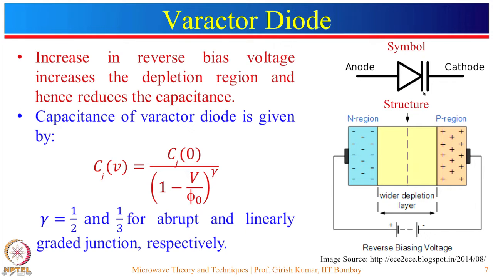Now there is a very important characteristic of the Varactor diode, and that is the Q factor. Suppose a Varactor diode is used for an application like an oscillator. If it has higher Q, it will provide relatively low phase noise.